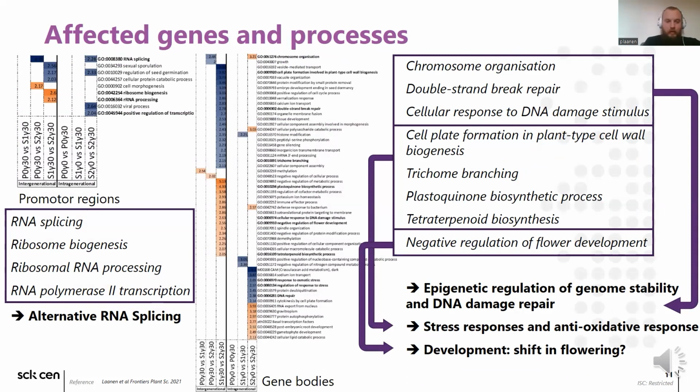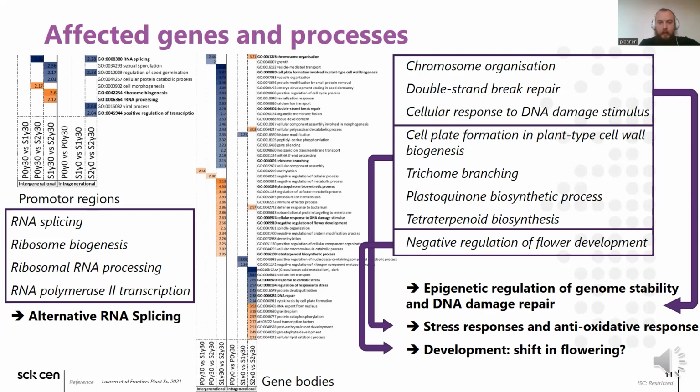We saw that those that had more DMRs in the promoter associated regions showed a higher level associated with processes involved in alternative RNA splicing.